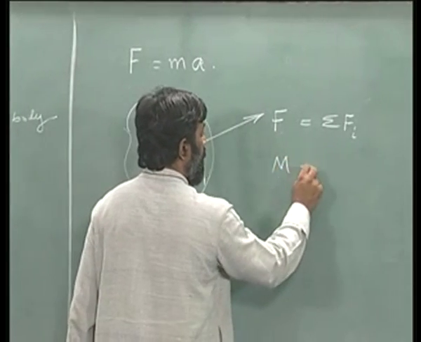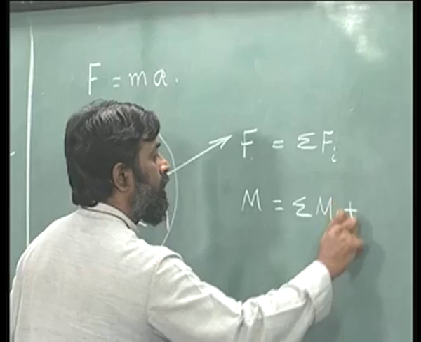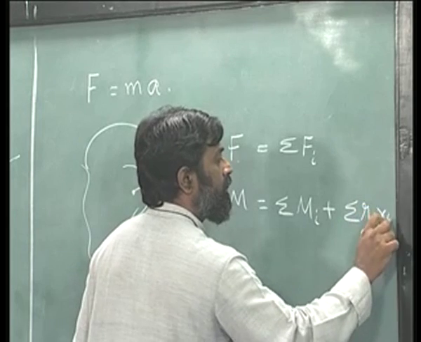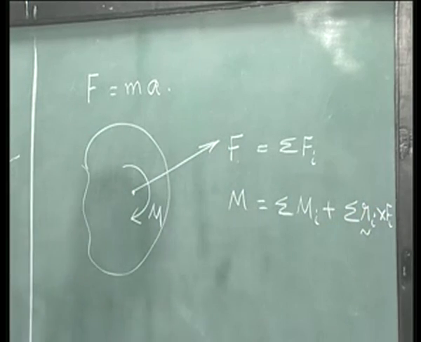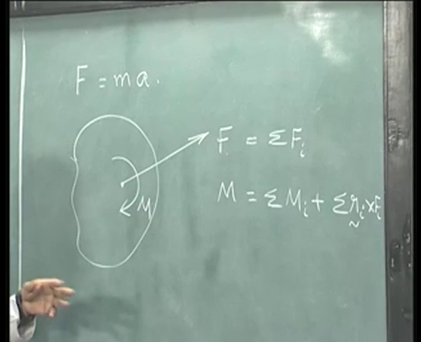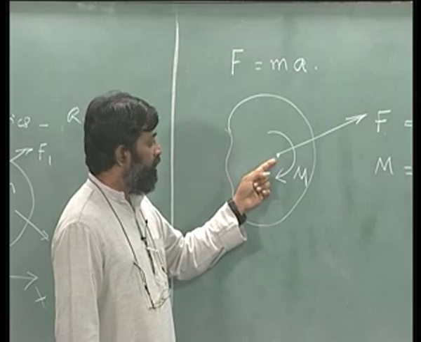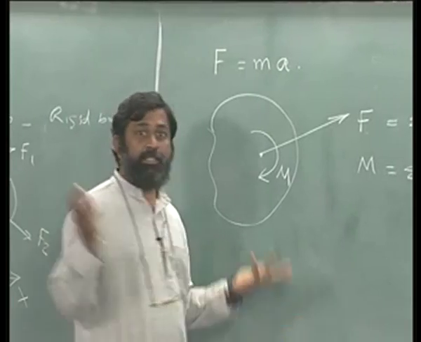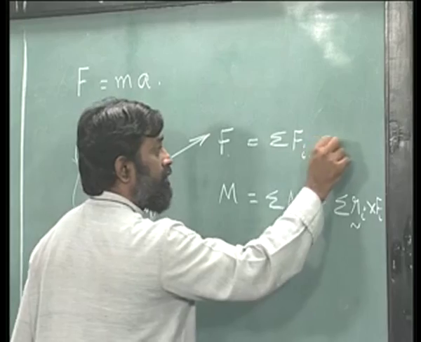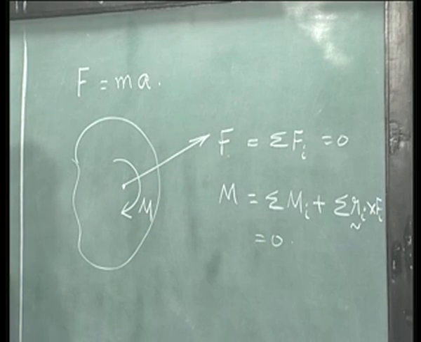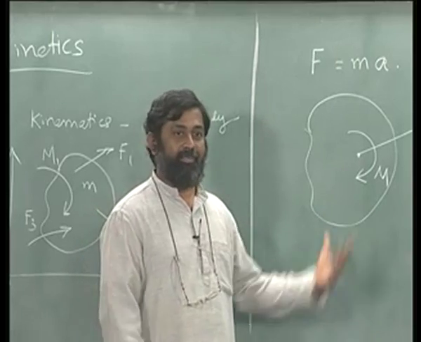So, M is the sum of all the moments plus the sum of all the Ri cross Fi, alright. This is basically what it is. We did this exercise in the statics problems. Given a particular point we did this, found out these two and said since there is no acceleration this should be equal to 0 and this should be equal to 0, so that we have equations that solve for a static equilibrium requirement of the rigid body, okay.